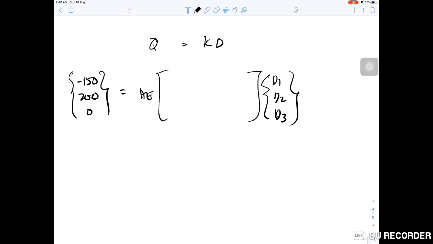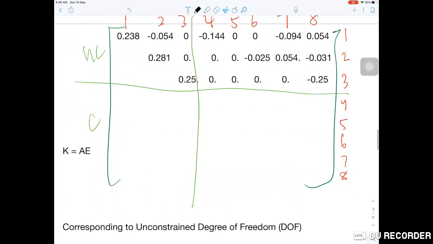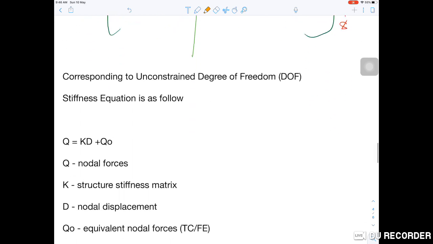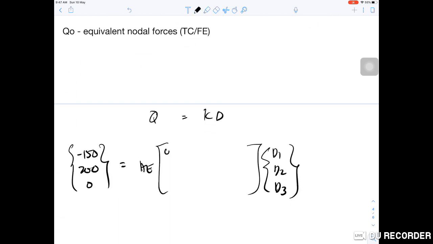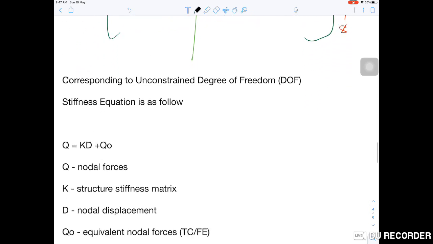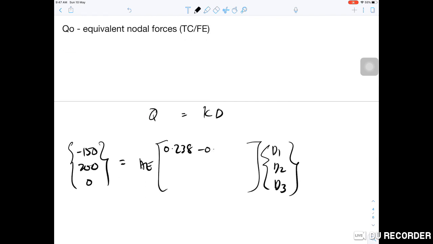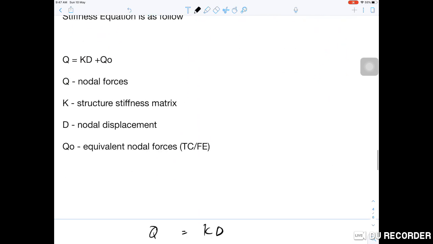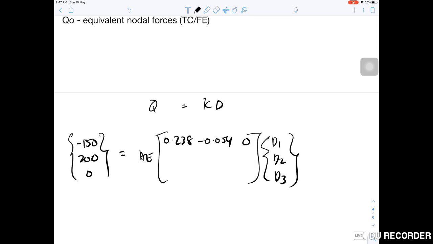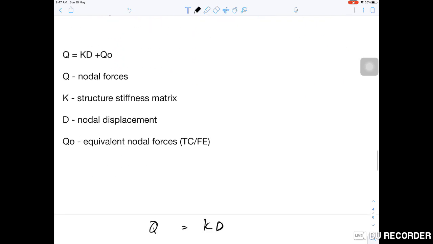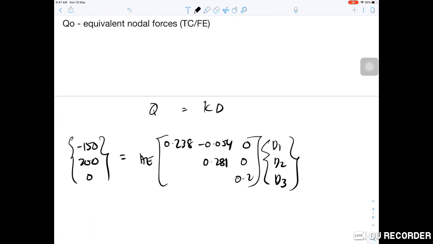For K, here are all the values: 0.238, then negative 0.054, then 0.281, then 0 and 0.25.